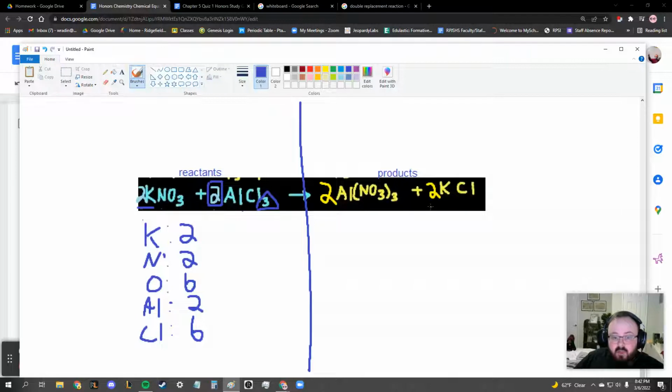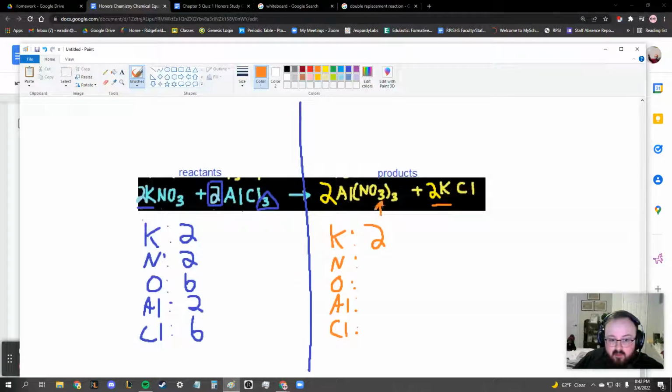Let's go on to the other side. So here's where things get a little more difficult. But we're going to do the same. We have the same elements. I'll do them in the same order as well. So again, let's start with our potassium here. There's only 1 potassium. 2 times 1 is 2. So the nitrogen, here's where this gets a little bit difficult. We now have our parentheses here, which gives us 2 subscripts.